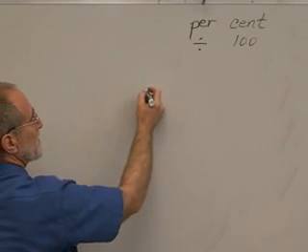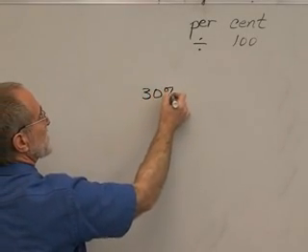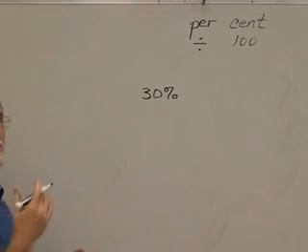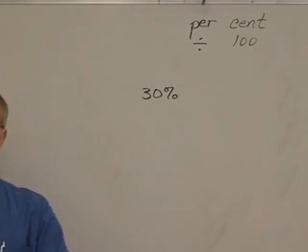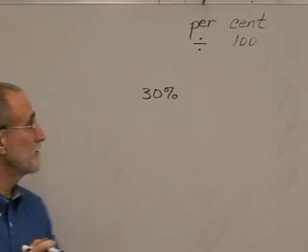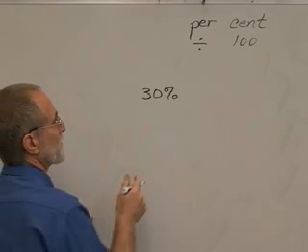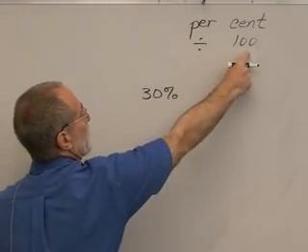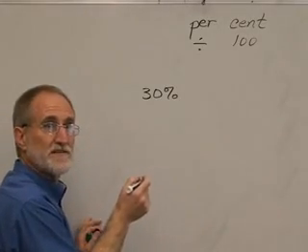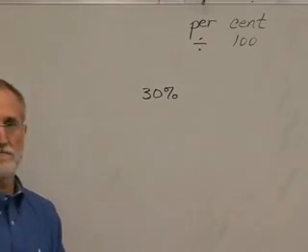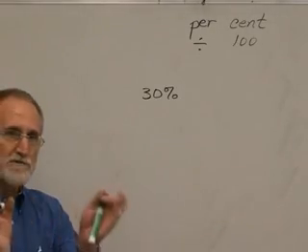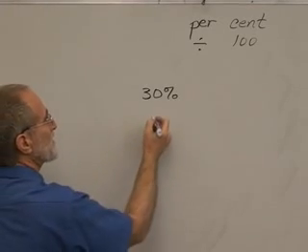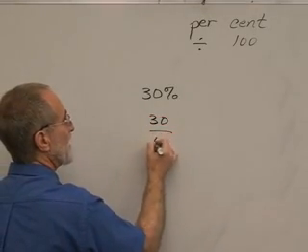So if I say, give me 30%, let me make it more generous. If I say, I'll give you 30% of my land, that means if you divide my land into 100 pieces, I'm going to give you 30 of them. For every 100 pieces, I'm going to give you 30. I'm going to give you 30 divided by 100.